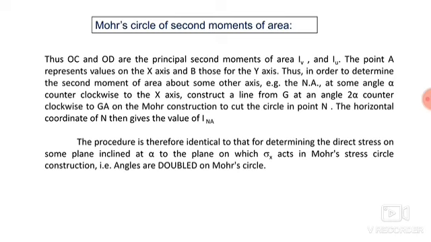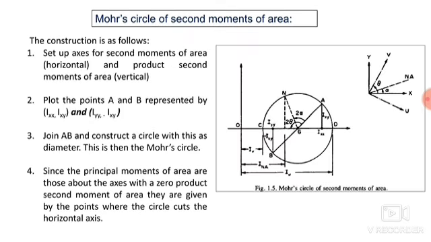The procedure is therefore identical to that for determining the direct stress on some plane inclined at alpha to the plane on which sigma x acts in the Mohr stress circle construction, that is, angles are doubled on the Mohr circle, as you can see in this figure. So follow this figure and the steps, you will easily understand.